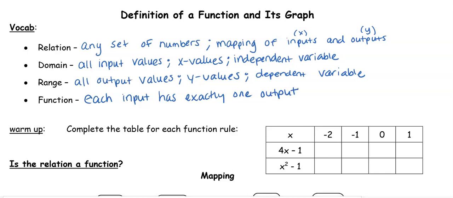Really quickly, one way to remember this is think about a soda machine. On a soda machine, you have different buttons. If you hit the Coke button, you hope that out comes a Coca-Cola. You don't want to hit Coke and get a water. So every button, every input, should always have the exact same output value.